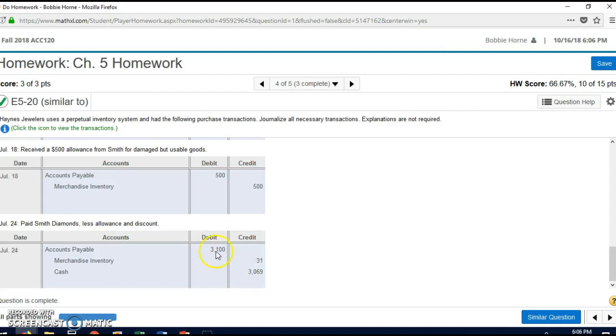So we ended up not paying $3,100. We ended up paying $3,069. So to get inventory to the balance it needs to be, we need to credit inventory for the discount. When you're the buyer, you never use the word discount in an entry. To record a discount as a buyer, you credit inventory. You reduce the amount of inventory.